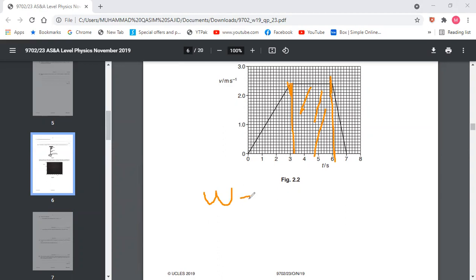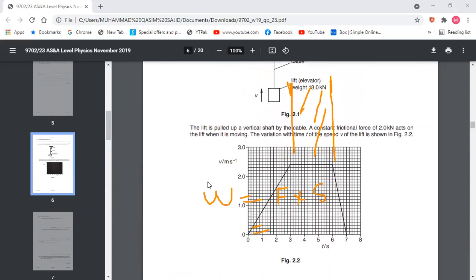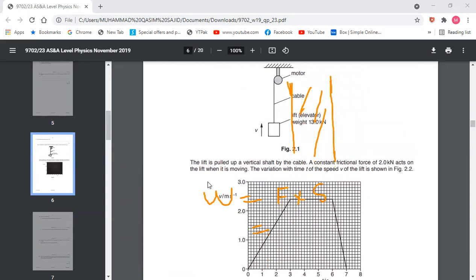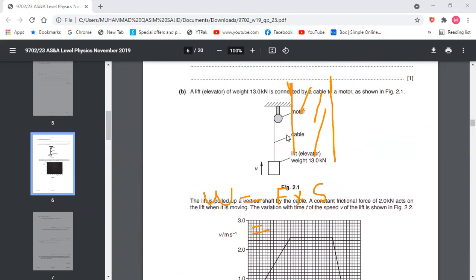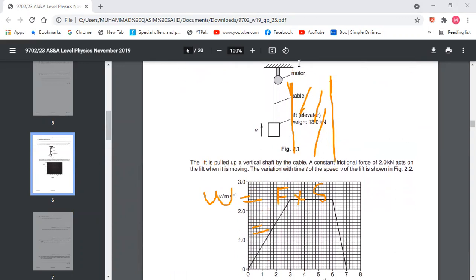Work equals F into S. So how to find the force? The force is equal to the weight plus the friction force which is given in the numerical.